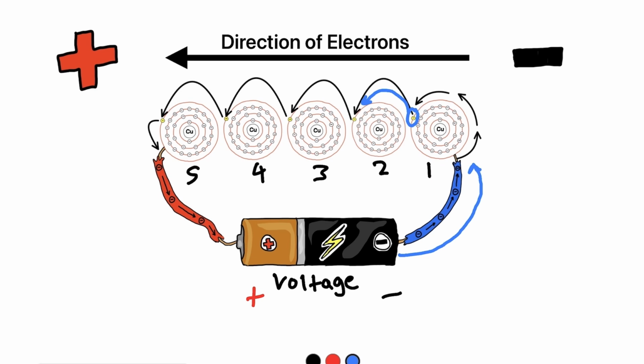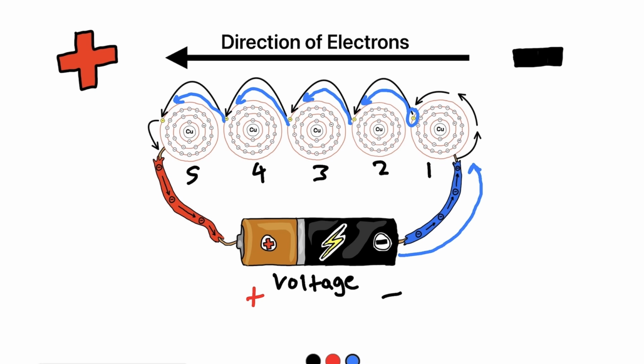Then the free electron in copper atom number 2 will jump to copper atom number 3. And the free electron in copper atom number 3 will jump to copper atom number 4. And this goes on and on.